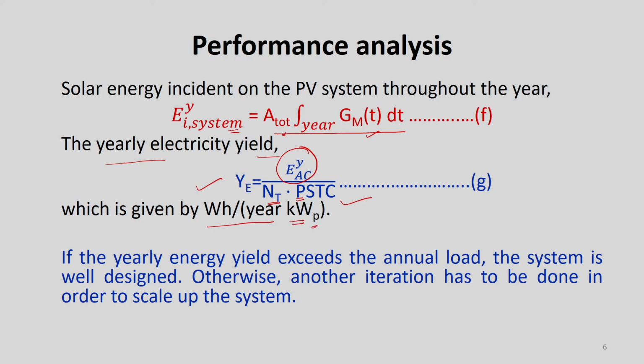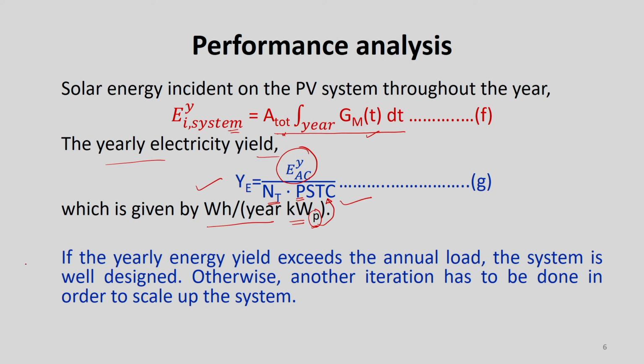So, this P stands for peak, where power is calculated at standard test condition. That means 1 kilowatt per meter square, wind speed of 1 meter per second and spectrum of AM 1.5.